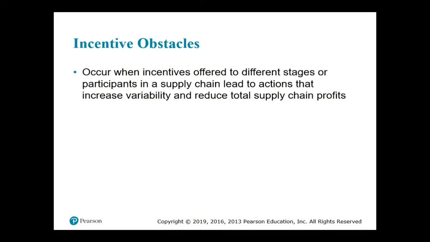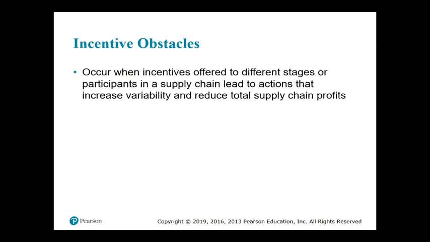So incentive is a big part of supply chain coordination. Basically, there is no natural way of making sure everybody is going to initially try to maximize supply chain profit overall.